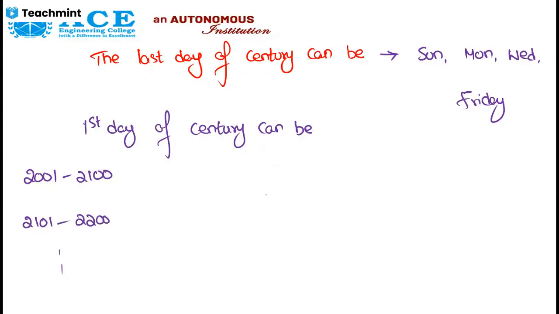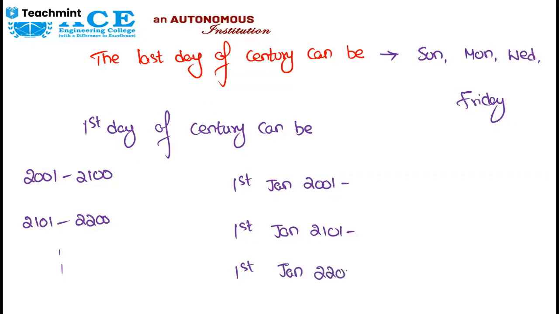So first day of century means we should take 1st January 2001, 1st January 2101, 1st January 2201, and 1st January 2301, my dear friends.